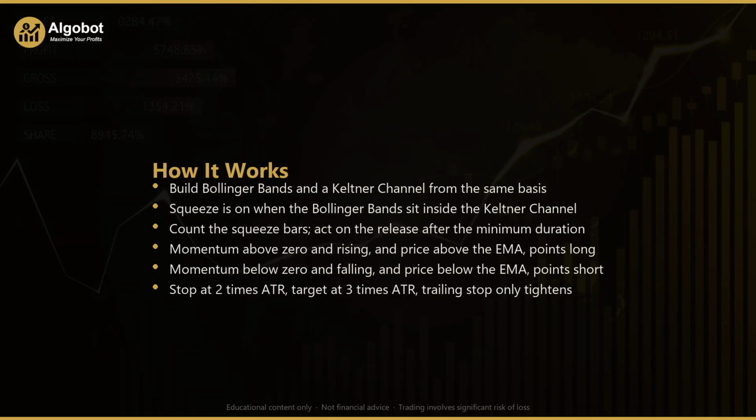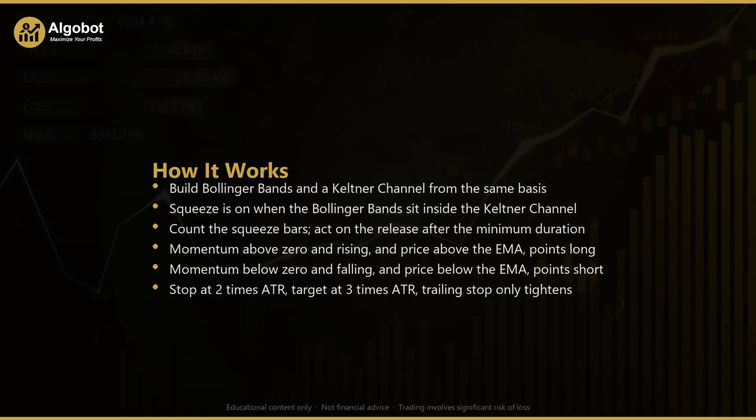The actual signal is not the squeeze itself, but its release. A release is detected on the bar where the squeeze turns off after having been on. The strategy only acts on that release if the squeeze had lasted at least the minimum SlAtrMult setting, which defaults to 6. This filters out brief, insignificant compressions. Once a valid release appears, direction is decided by the momentum oscillator.